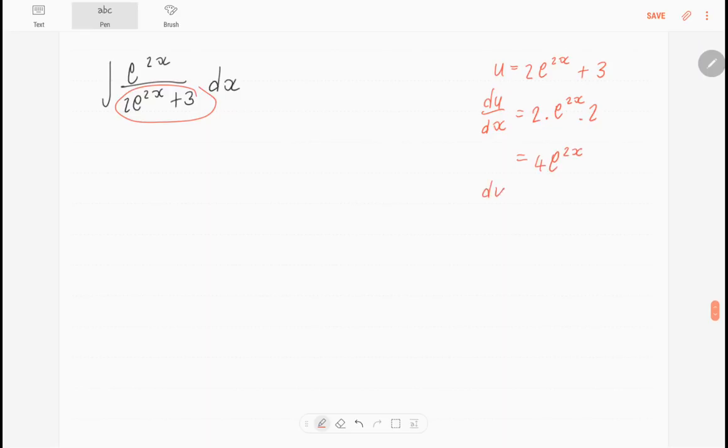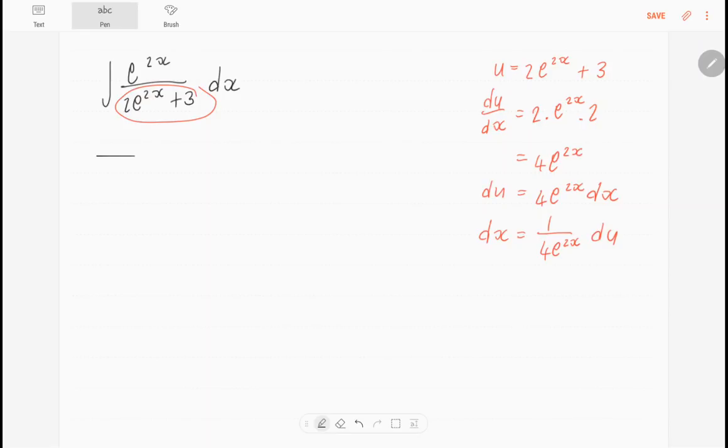So du equals 4e to the 2x dx. So that means that dx equals 1 over 4e to the 2x du.